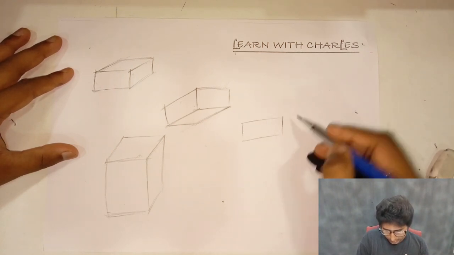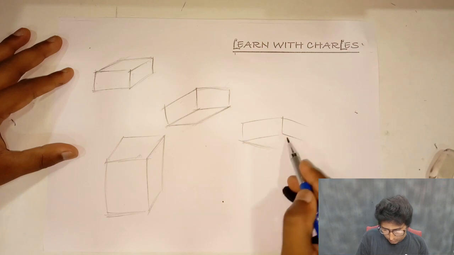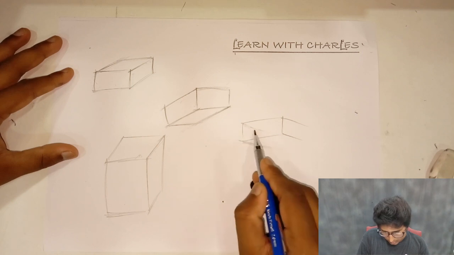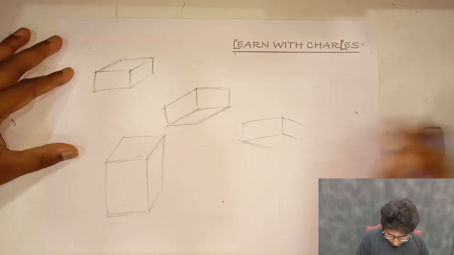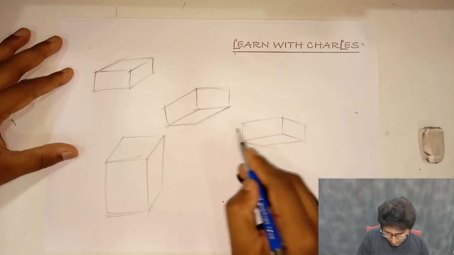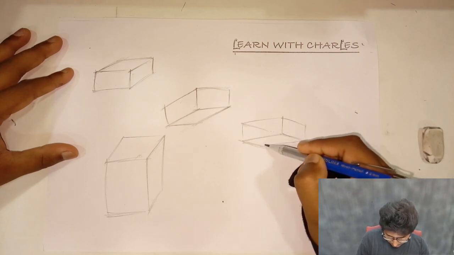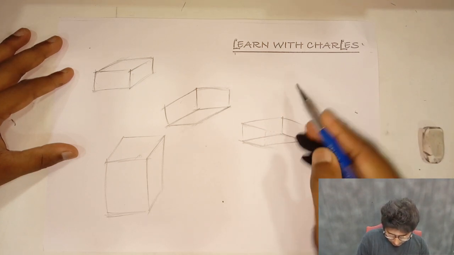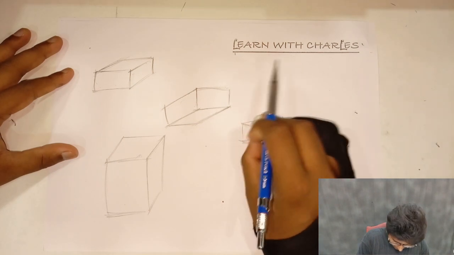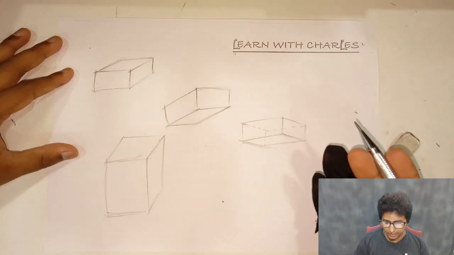A rectangle and now this line is... now if you draw the line here like this, here, this is the other side of the rectangle, right?